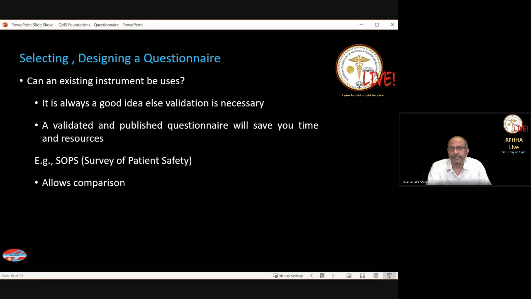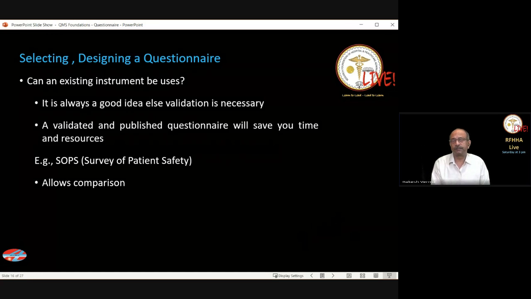Can an existing instrument be used? This is an important understanding that we all should have, that it is always a good idea to use an existing instrument. So, for example, if you want to assess the patient safety culture in an organization, a good temptation will be to make a questionnaire and circulate the questionnaire in the hospital.